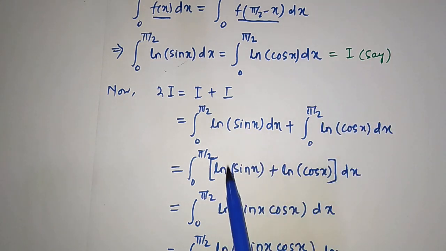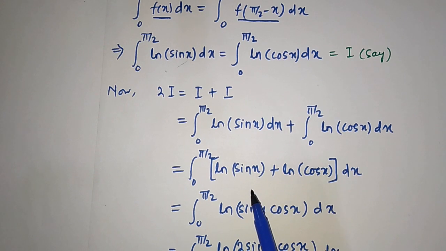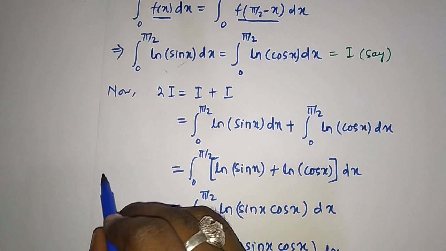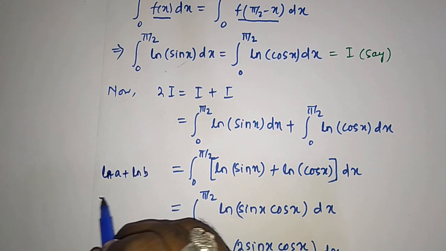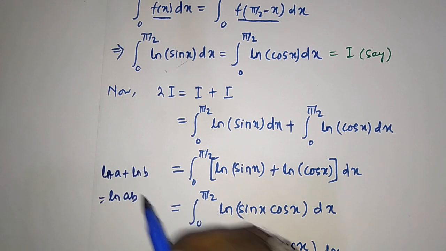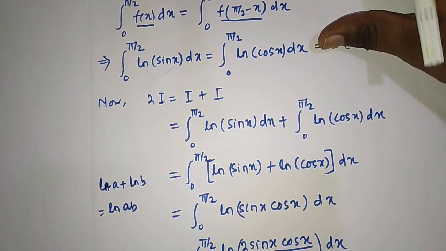so these two integrations can be added. Now ln sin x plus ln cos x can be written, using ln a plus ln b equal to ln of a into b, the same logarithmic property, as ln of sin x into cos x.